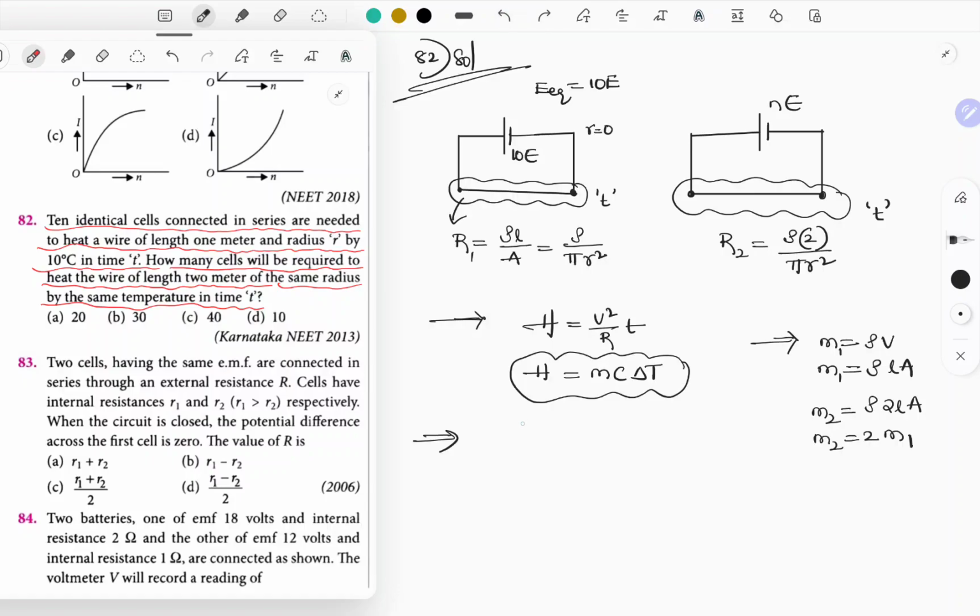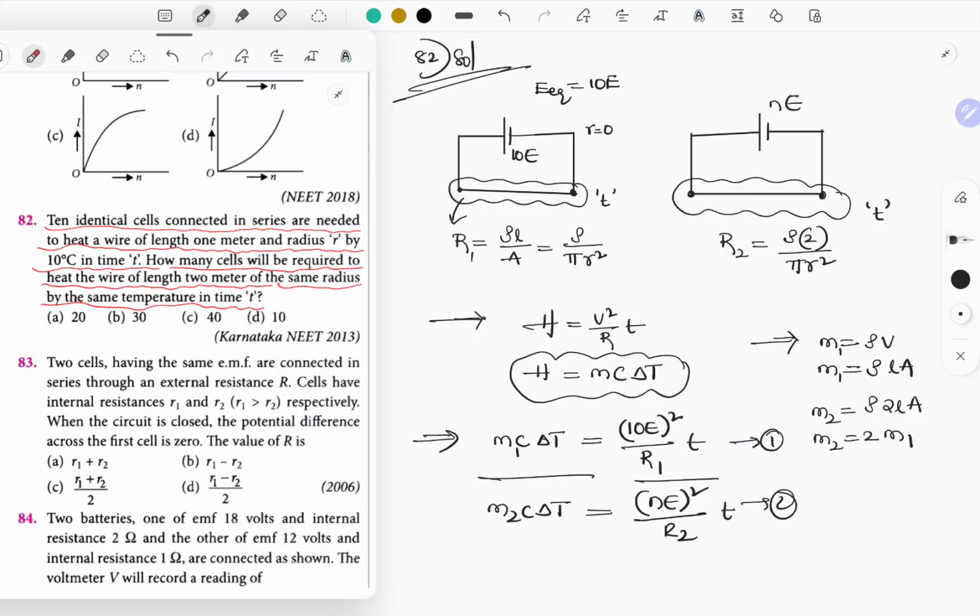Let me write down equation 1 for the first case. For the first case, it is m1 c delta T is equal to V square, which is 10e whole square, divided by R1 into T. Similarly, m2 c delta T is equal to n e whole square divided by R2 into T. So let's say this is equation 1 and equation 2.